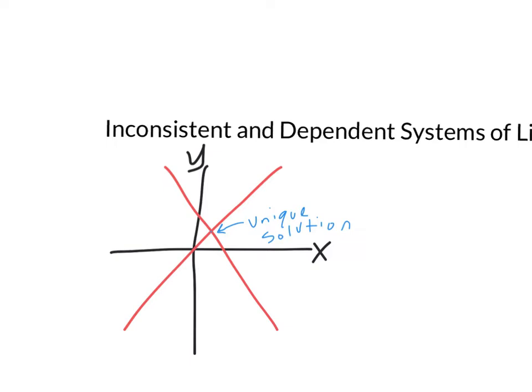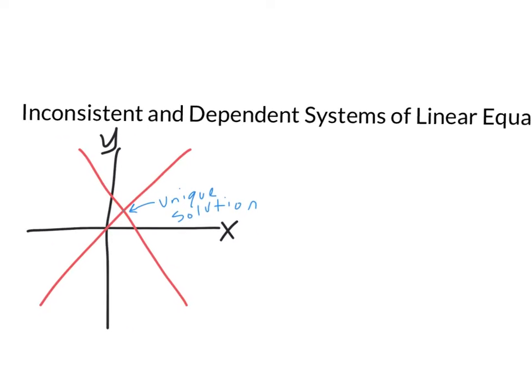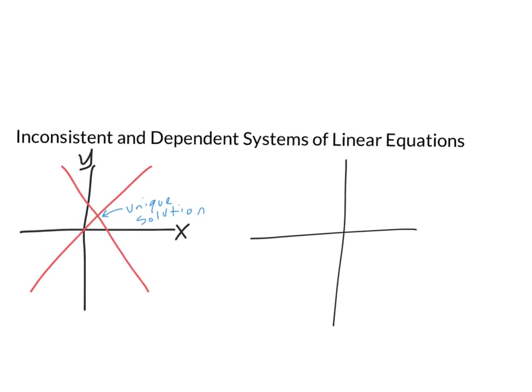We also talked in the last video about how if we had the same slope, I'm not going to be able to draw these perfectly, but what if my lines were perfectly parallel?